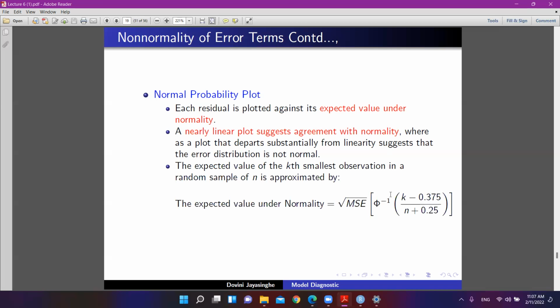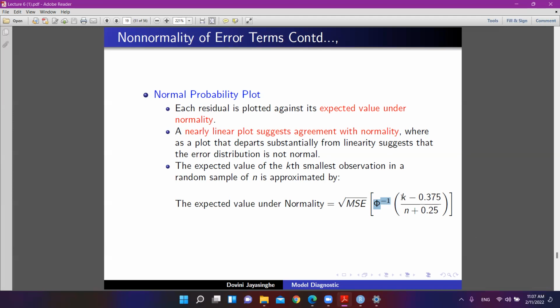So this is the equation. Don't worry too much about this. This is not tested, right? This thing is not tested, so don't worry. But just to give you some idea on how this really works, the expected value of the kth smallest observation in a random sample of n is approximated by this: square root of MSE times the inverse of the standard normal CDF.